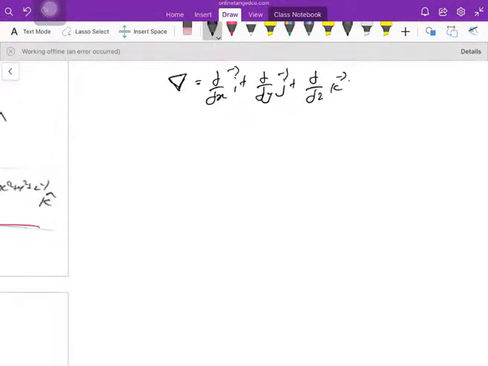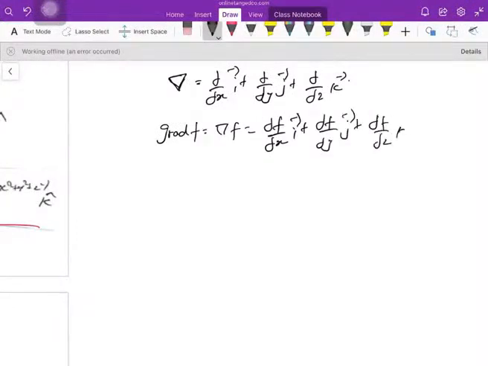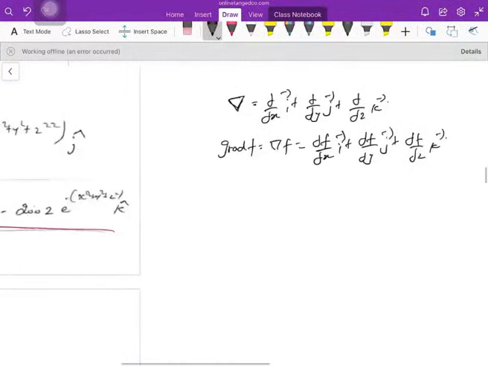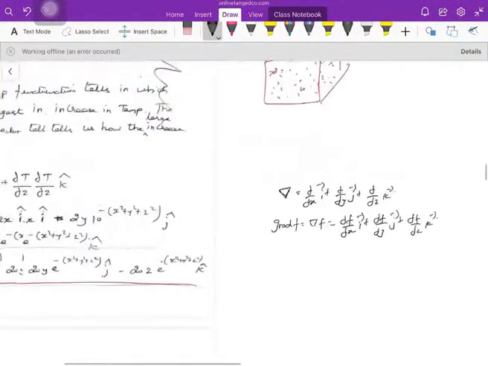This is your del operator, guys. Simply, the gradient of a function f is nothing but del f. Del f is nothing but dou f by dou x i vector plus dou f by dou y j vector plus dou f by dou z k vector. So this is the operation of gradient.